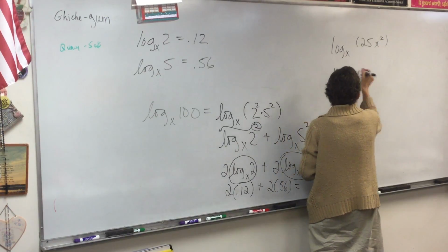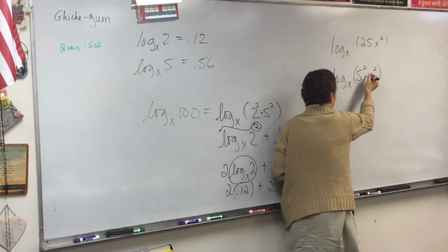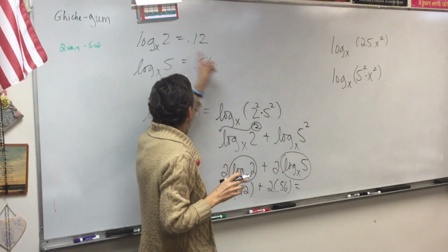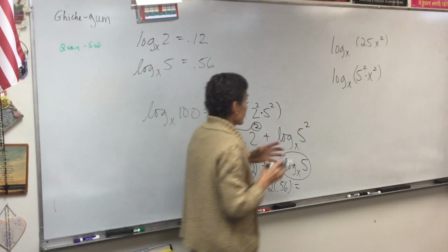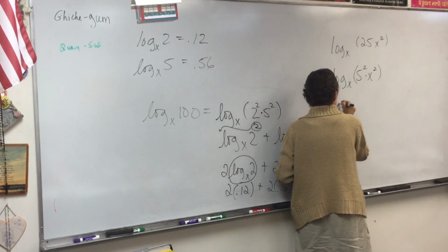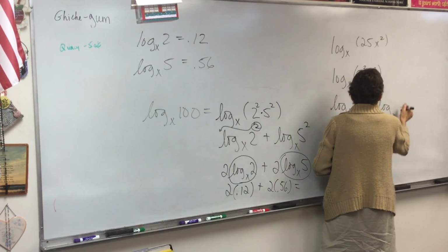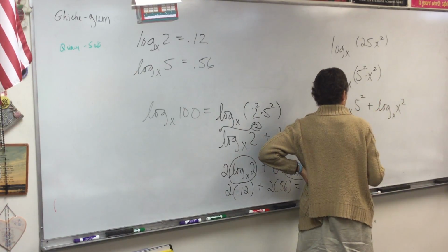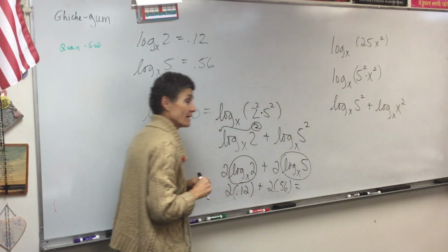So I have the log of 5 squared x squared. Now they're being multiplied together, so I need to separate it. I'm going to separate it into an addition, because again, it's a multiplication. So instead of multiplying 5 squared times x squared, I will add the log of 5 squared and the log of x squared.